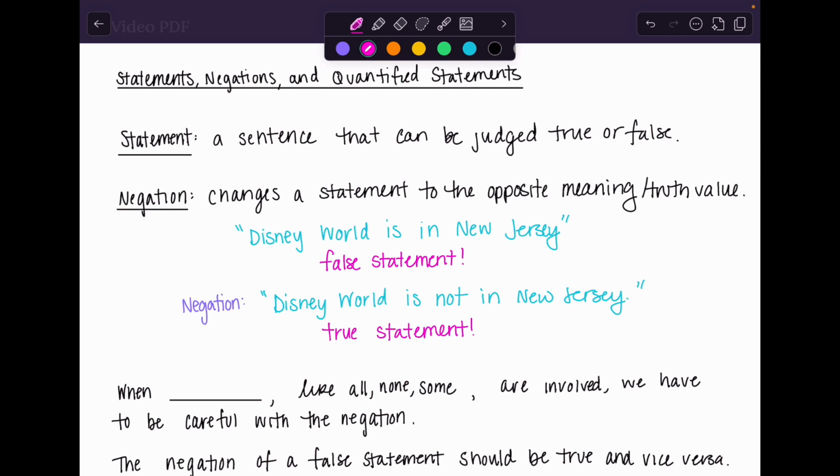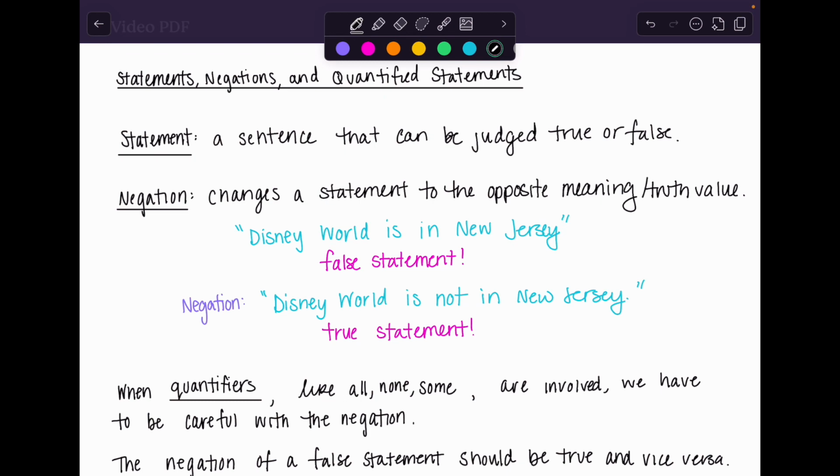So the problem with negations, in most sentences, it's not going to be bad. It's going to be adding the phrase not in there, or if it had not, the negation of this statement would be it is in New Jersey. The problem comes in when we start having something called quantifiers. And if you think about the word quantifier, it deals with quantity.